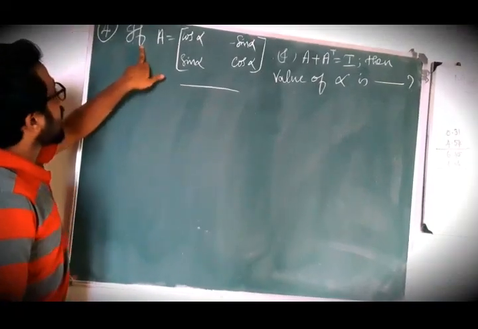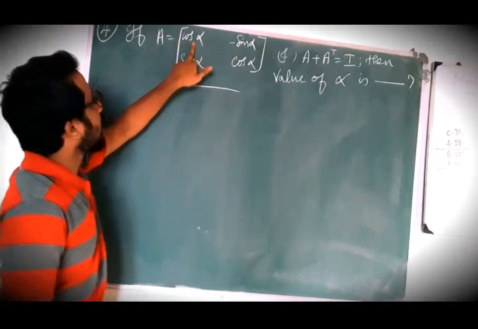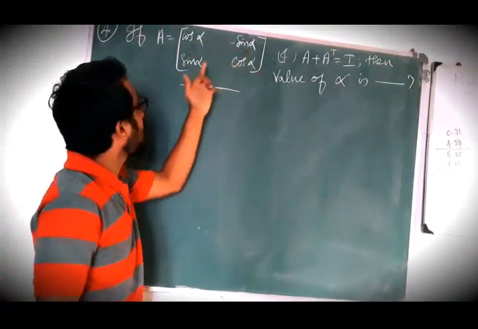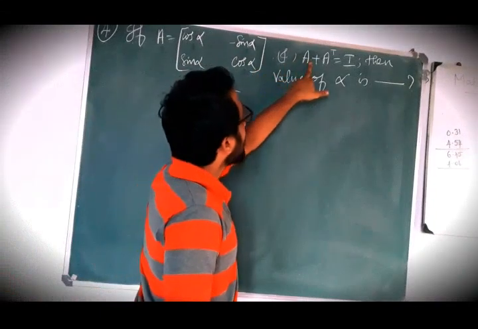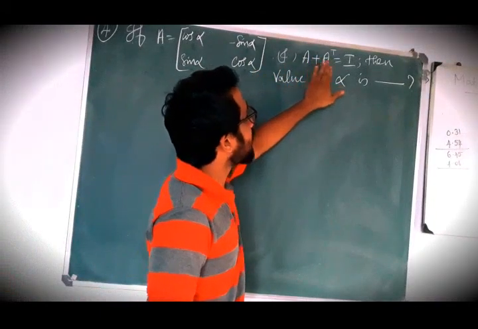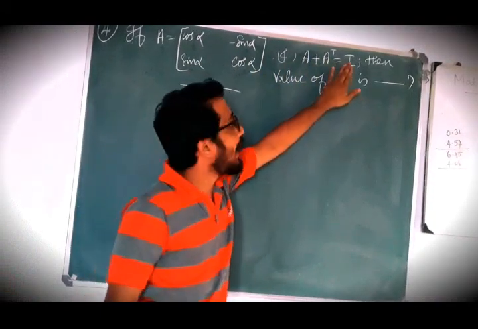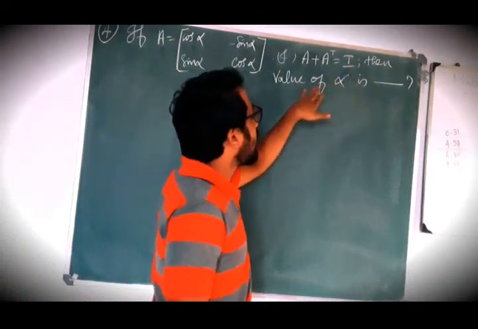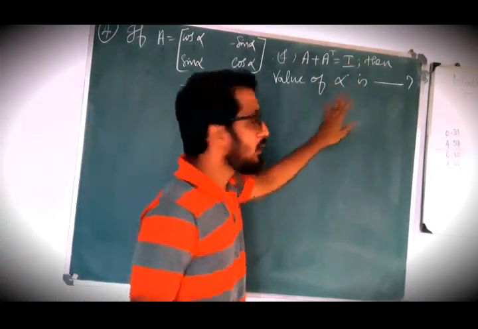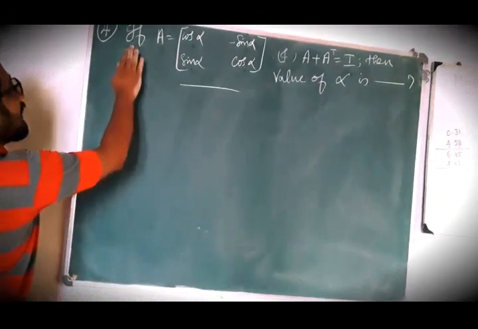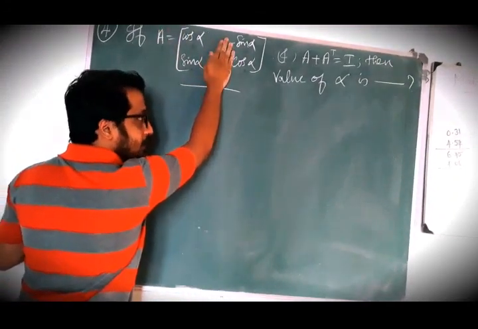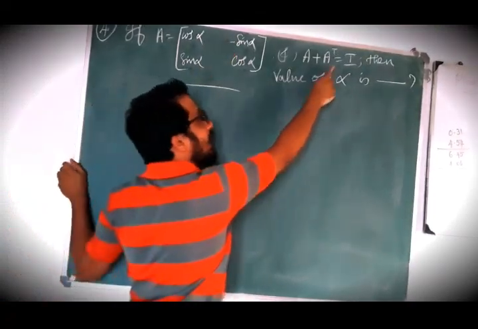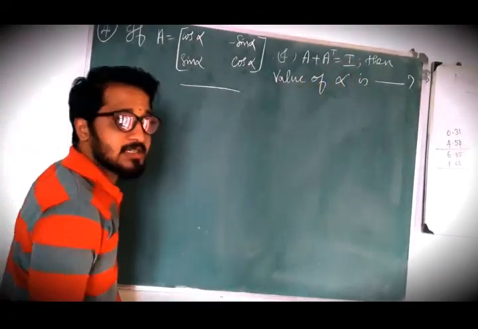Fourth question: if capital A is equal to cos alpha, minus sin alpha, cos alpha, and if A plus A transpose is equal to I, identity matrix, then the value of alpha is, we have to find. Listen, they have given that A is of order 2 by 2 matrix, then we have to choose identity matrix of order 2 by 2, that is I2.